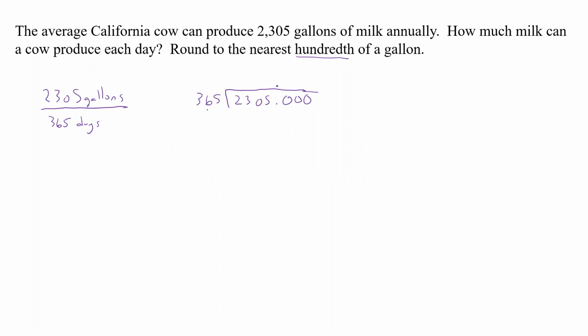All right, so 36 times what will give us the 23? So 365 times, 3 times 6 will give us 18. If we do times 7, it'll give us 21, but that might make that too big. So let's try 6. So 5 times 6 is 30. That's 36, 39.